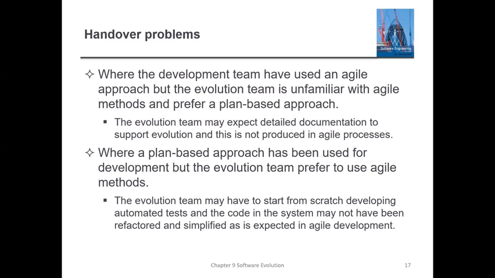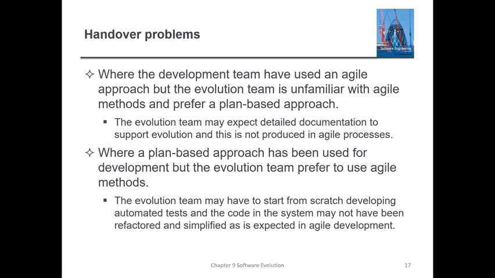And suppose they are going for the plan based approach, then the development and the evolution team both have to refer to the agile methods, because they have to start all the program codes and everything from the scratch itself, and then they have to go for the automated regression testing process for all the codes and all. Then they have to refactor everything, and then they can simplify the expectations. So this is a very huge task for your evolution team to do.